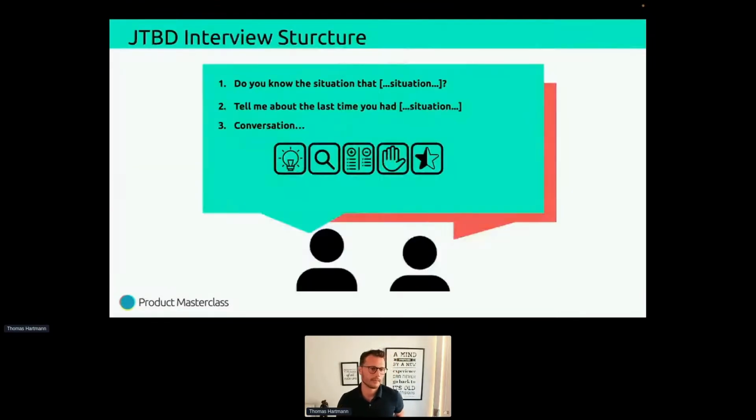And it's really super simple. I always start the conversation or the interview with: do you know the situation that, and then the problem context, right? Because that's a filter. I only want to talk to real-world users, potential customers. And this is just a filter question at the very beginning.